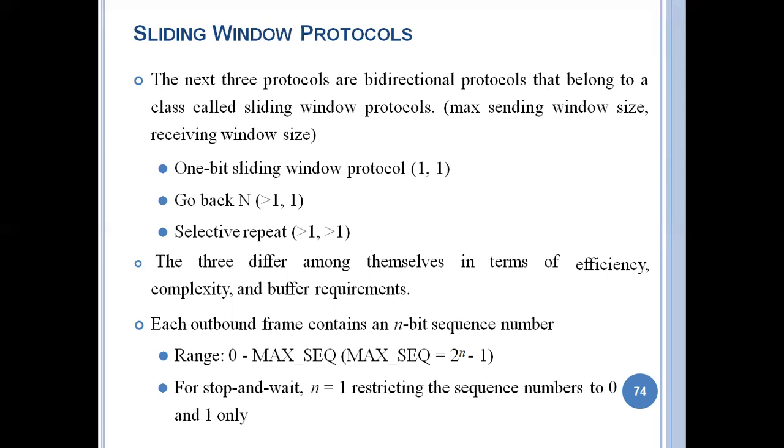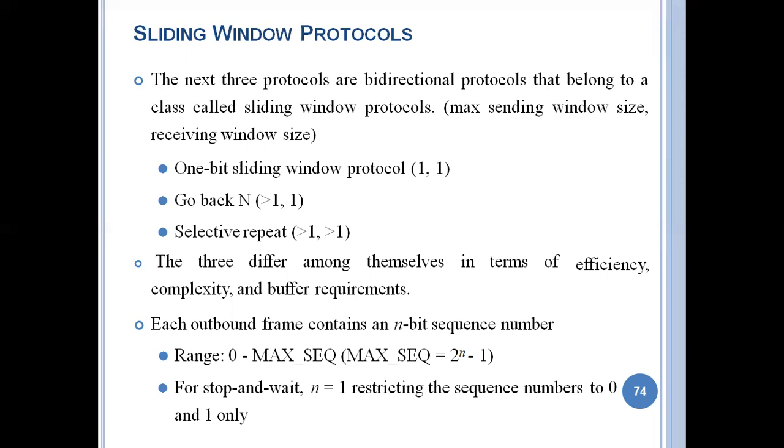In the second approach, the stop and wait protocol, after the sender sends the data packet, the receiver sends an acknowledgement using the same data path. But the next three protocols we are going to discuss are bidirectional protocols that belong to a class called sliding window protocols.